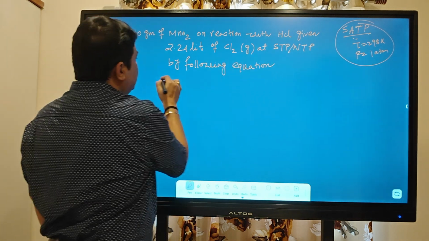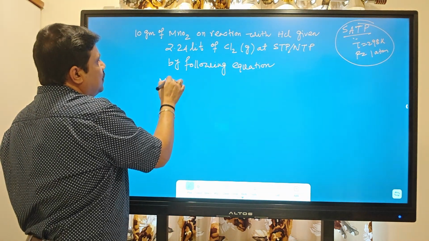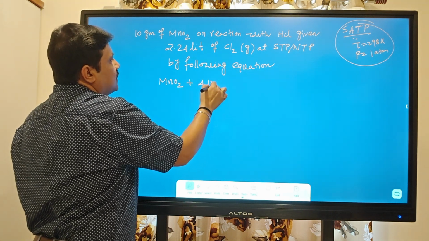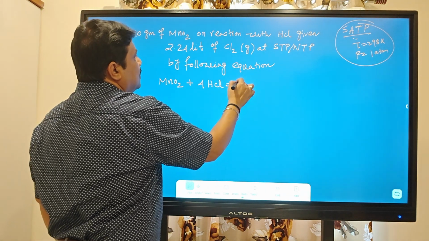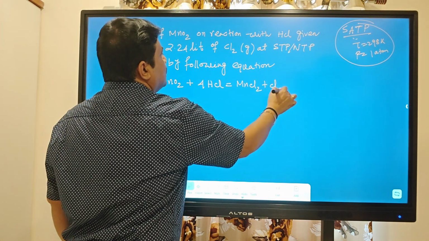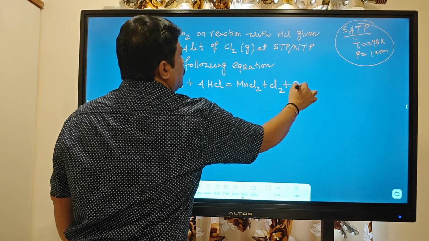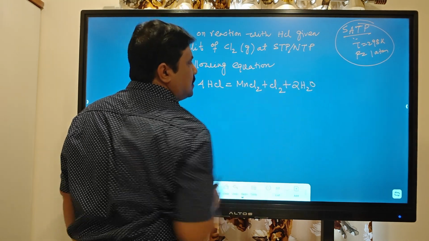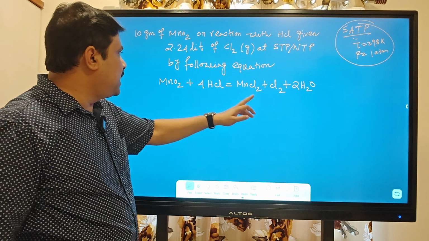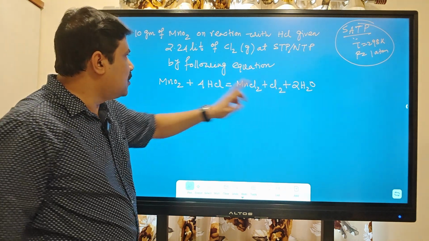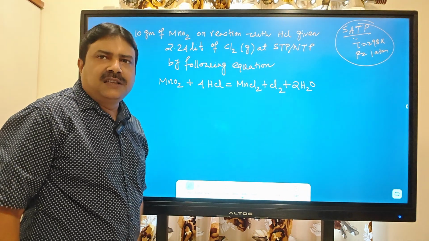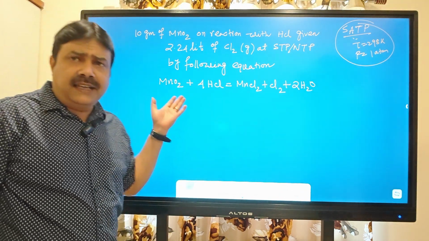What equation are they giving? MnO2 reacts with 4HCl giving MnCl2 plus Cl2 plus 2H2O. This is the equation, and now you look, everything is balanced: 1 manganese, 2 oxygen atoms, 4 hydrogen atoms, 4 chlorine atoms. This is a balanced reaction. By default it is given to you.